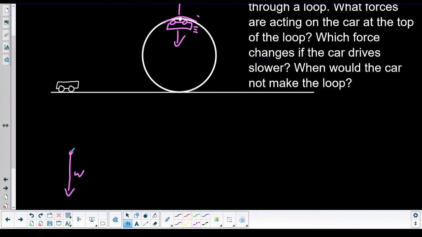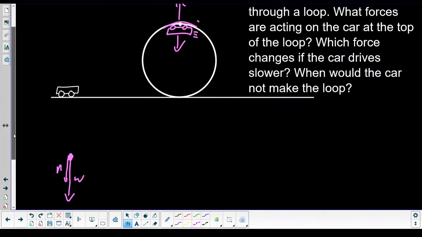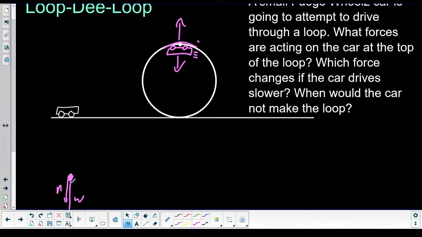The normal force. So let's maybe make this a little bigger. We're also going to have a normal force acting on this, and this is the force of the track pushing towards the center of the circle or perpendicular to the track itself on our car.